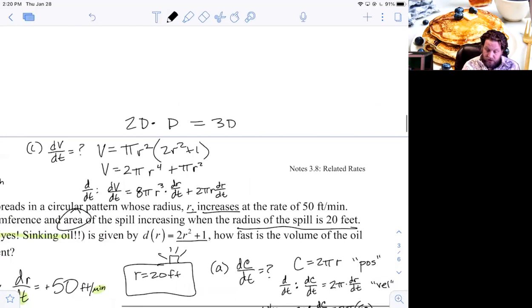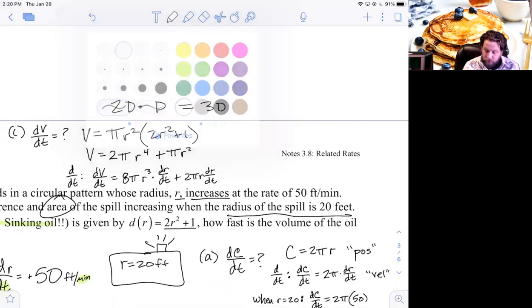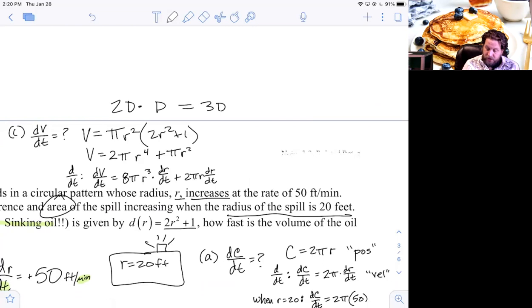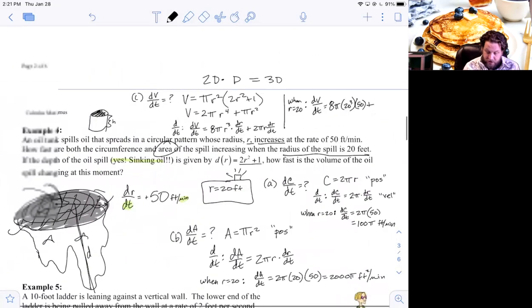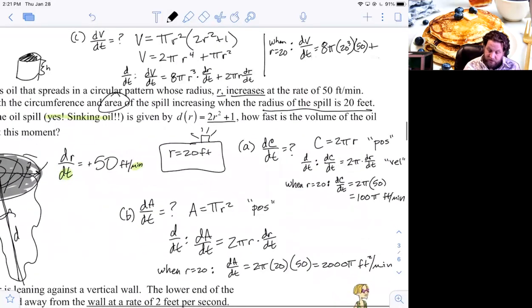All right, and now we'll plug in. When r equals 20, we get dV/dt equals 8 pi times 20 cubed times dr/dt, which is 50, plus 2 pi r dr/dt, which didn't we just calculate that down below to be 2,000 pi?